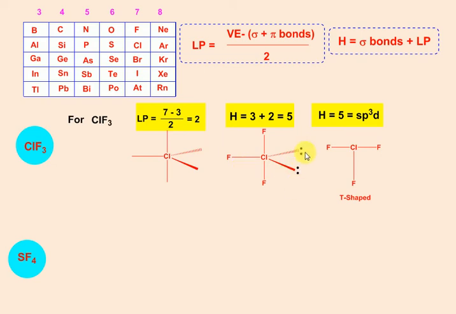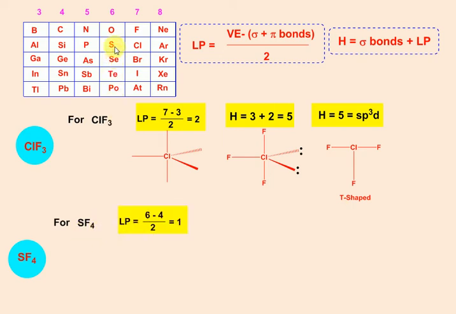So lone pairs are placed in such a way that they will create minimum repulsion. And if we neglect the lone pairs, ClF3 will look like this, and therefore it will have a T-shaped structure.